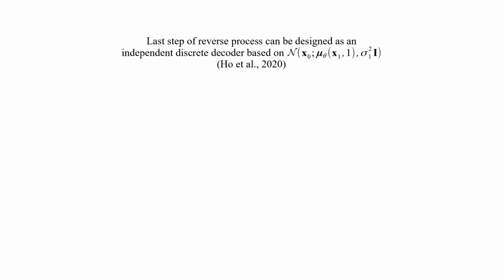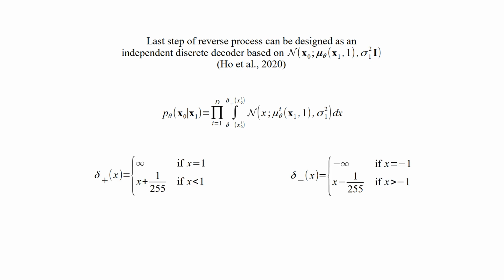Last step of reverse process can be designed as an independent discrete decoder. Here is the related distribution. And bounds of integral. Image data is comprised of integers between 0 and 255.